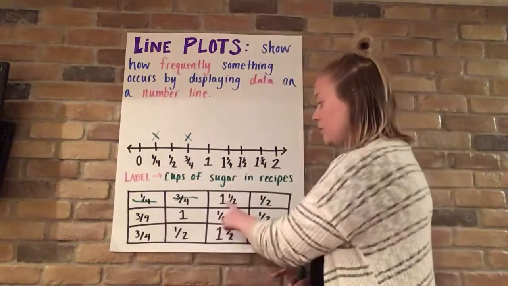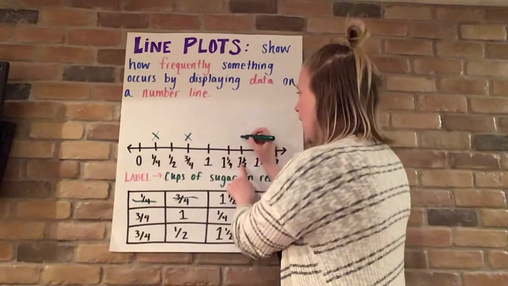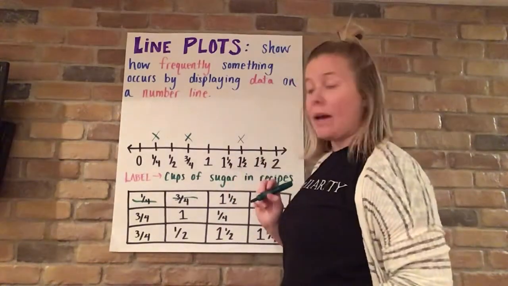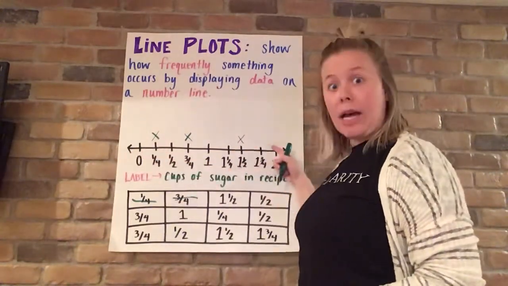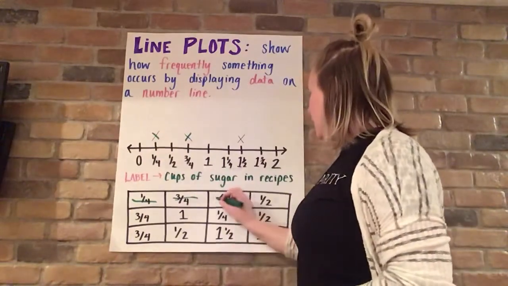Next recipe uses 1½ cups. So let's find 1½. There it is. I'm going to plot an X right above that point on the number line. That's why it's called a line plot, because it's on a number line and we are plotting the data. All right, I did that.